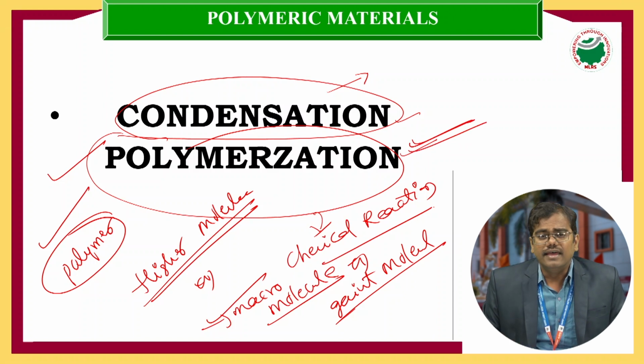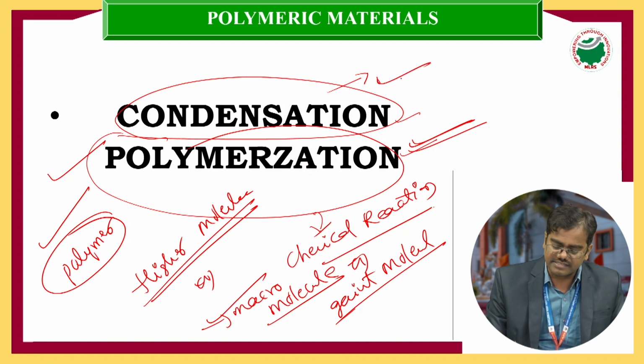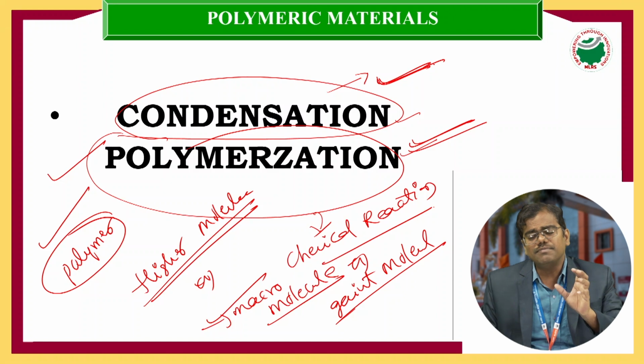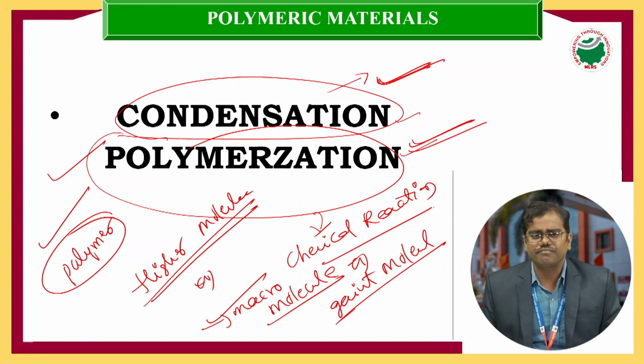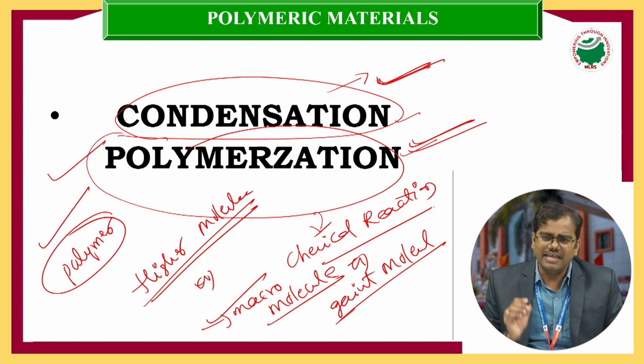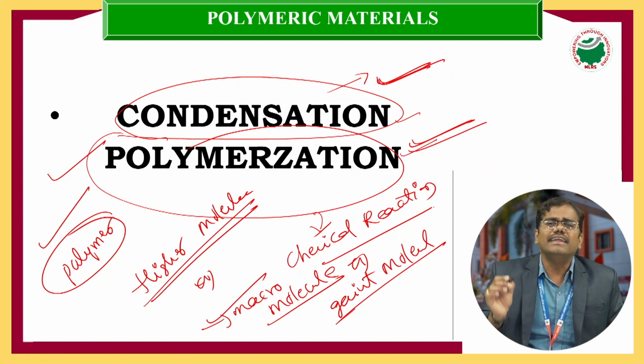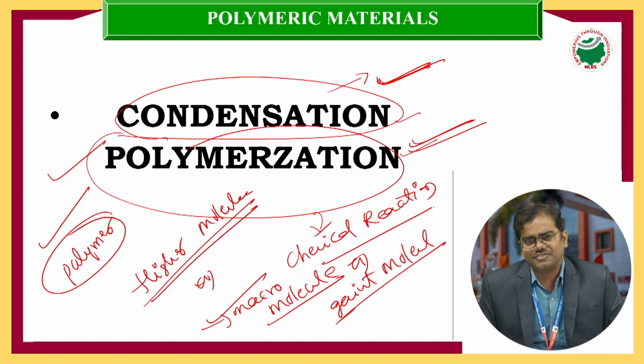But here the polymerization type is different, that we call condensation. So what is meant by condensation? During the process of formation of a polymer, the elimination of smaller molecules takes place.